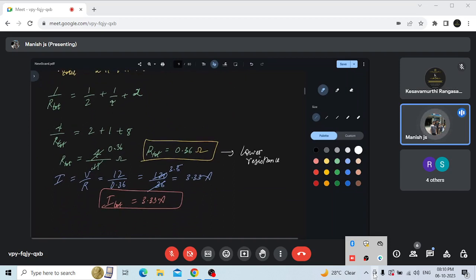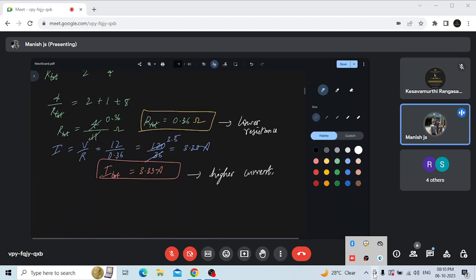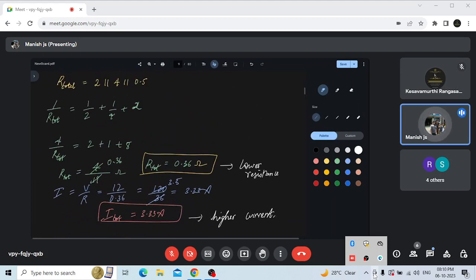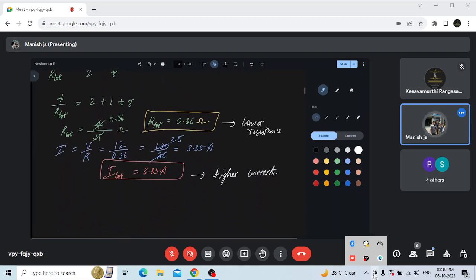This means higher current, or more current. Okay, that is higher current. Simple. So this is all you people have to keep in mind. That's it. Very simple.